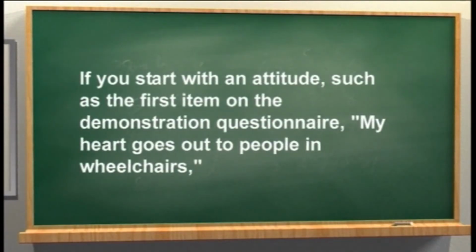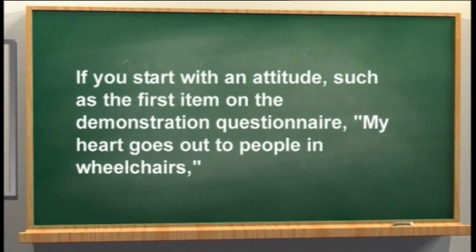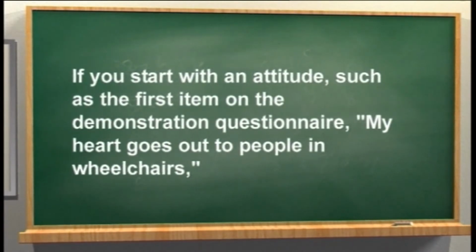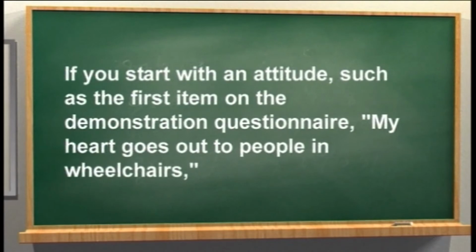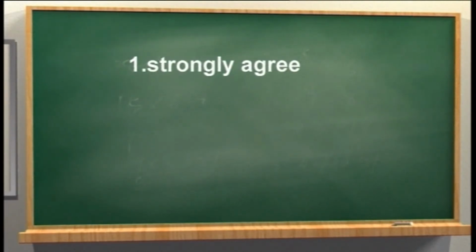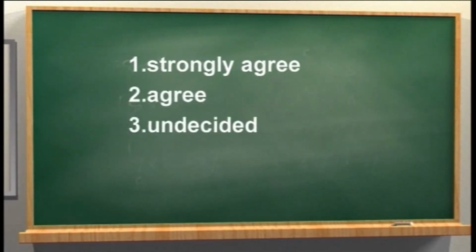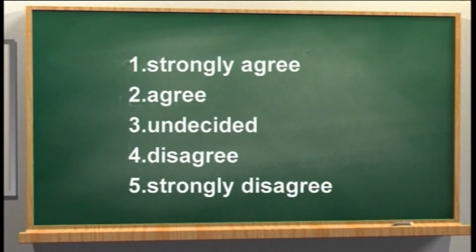If you start with an attitude such as the first item on the demonstration questionnaire, "my heart goes out to people in wheelchairs," you need to have a code for each of the possible values, that is strongly agree, agree, undecided, disagree, strongly disagree.